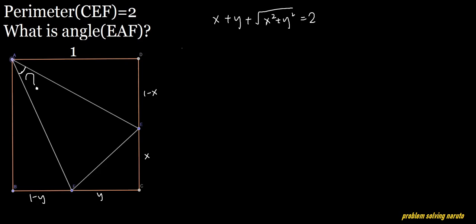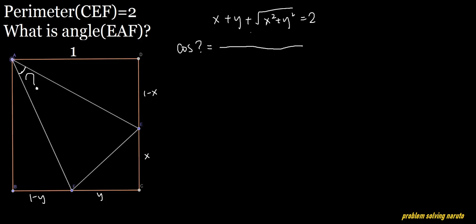I will hope that for the cosine of that question mark angle, using the cosine law, the square of this, as you can see, is just by Pythagorean, 1 plus the square of this, right?